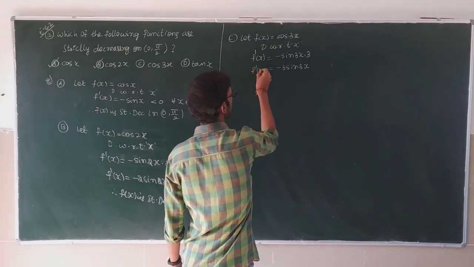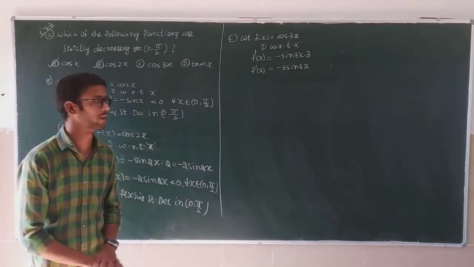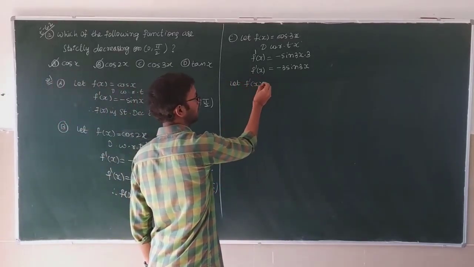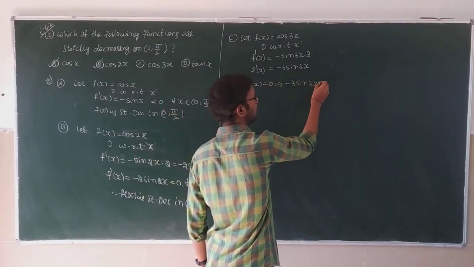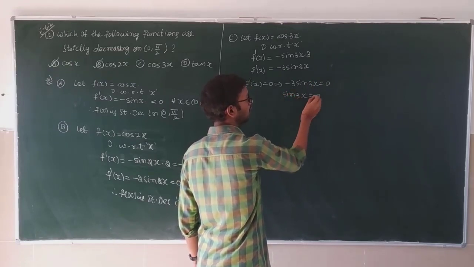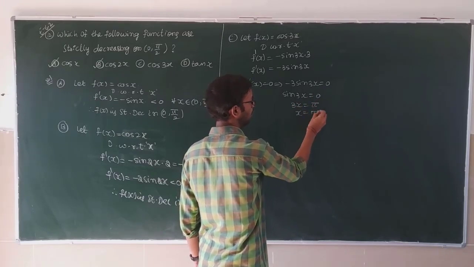For this problem, the previous problems' method we have to apply. Let f dash of x is equal to 0, which implies minus 3 sin 3x is equal to 0. Sin 3x is equal to 0, 3x is equal to pi, x is equal to pi by 3.